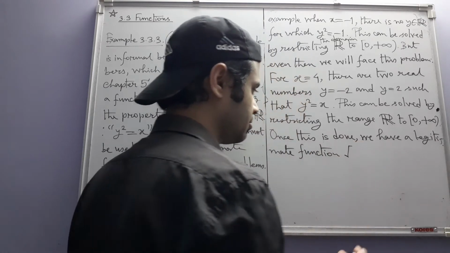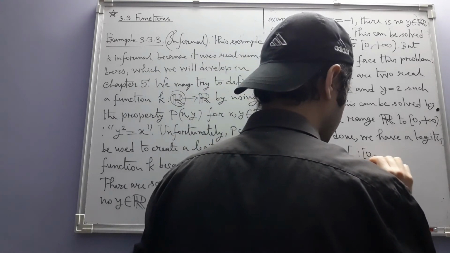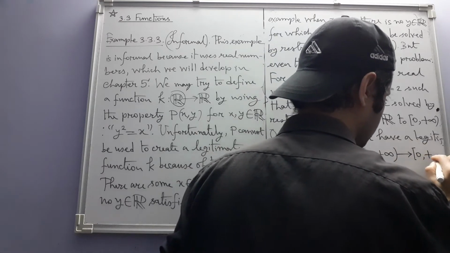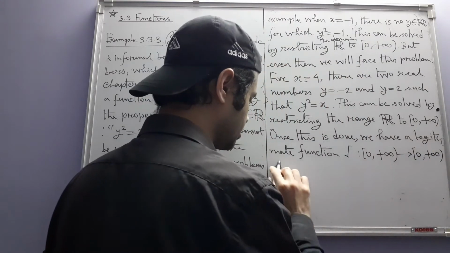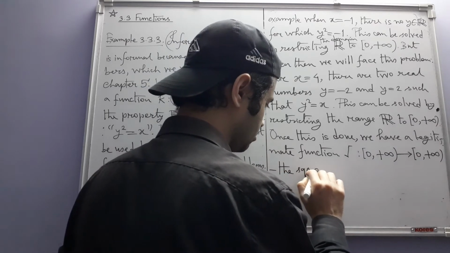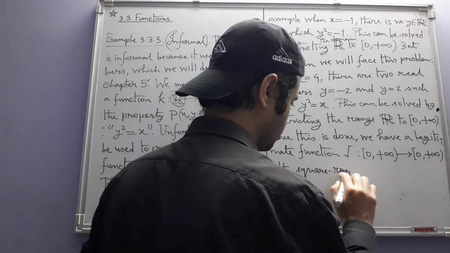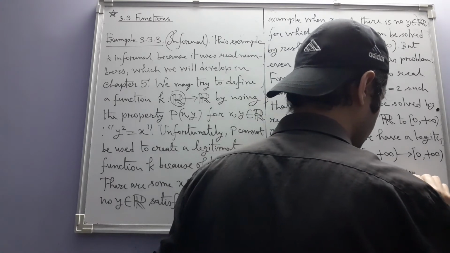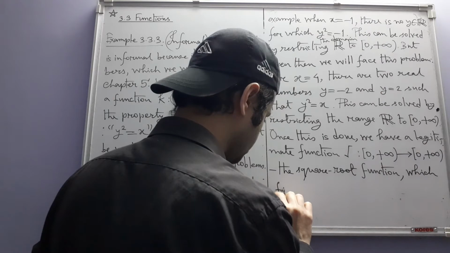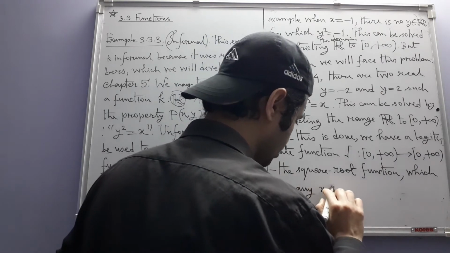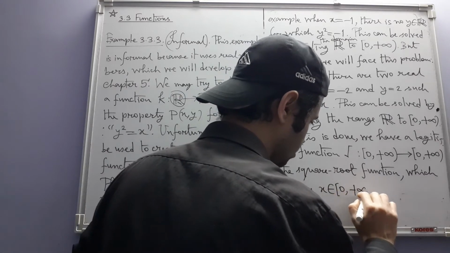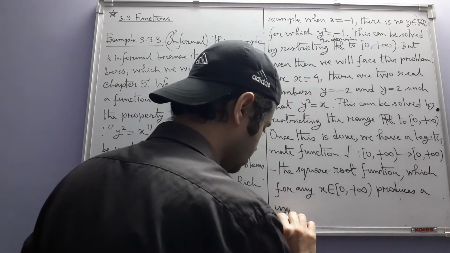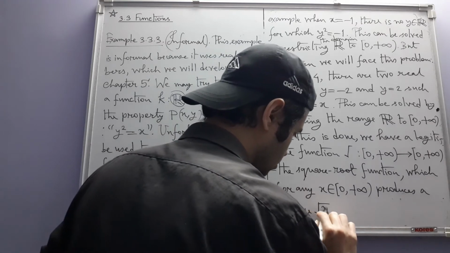It has a symbol also. You already know what this function is. It's the square root function. Legitimate function, the square root function, which for any x in the domain produces a unique root x.